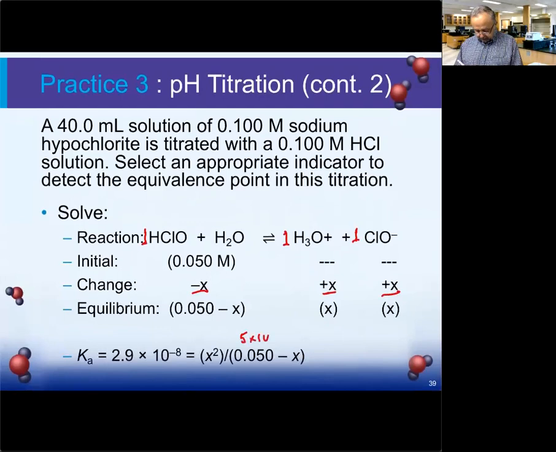In this case, this is 5 times 10 to the minus 2. And again, to do this analysis, it's best to think of it in terms of exponential notation. So this is a minus 2, this is to the minus 8, that's 10 to the 6. So it's 1,000,000 times larger. And therefore, in this case, the x can be dropped, and you can calculate x by multiplying this number by Ka and then taking the square root.